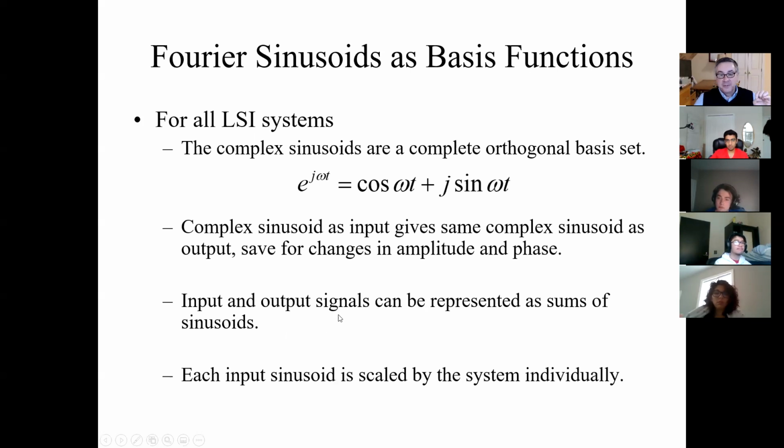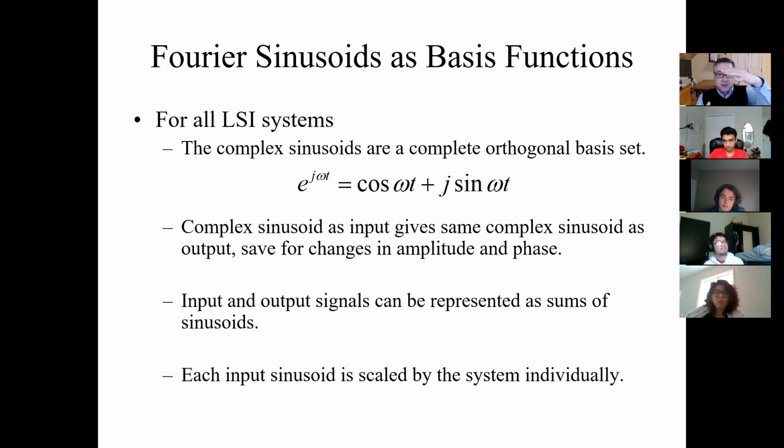And of course, we know that any input and output signal can be represented as a sum of sinusoids. So I think I tried to illustrate this before. We can think of what linear shift invariant systems are doing as: I have any signal as input, and that signal is the sum of a bunch of sinusoids.